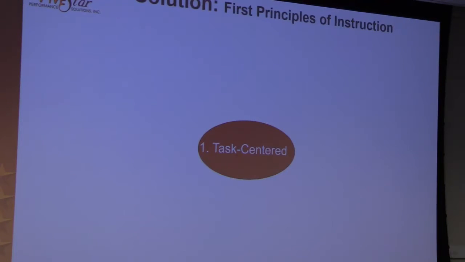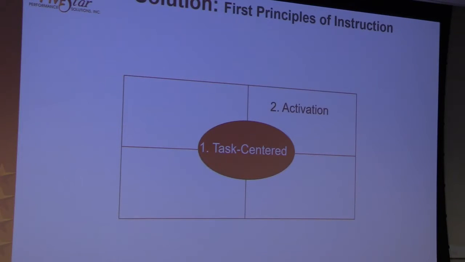And then it adds some kind of activation. So activation is finding out what the learner already knows, or what they don't know, or what they know that's wrong, and also providing a framework, or a schema, or a skeleton, or a construct for what they're going to learn.